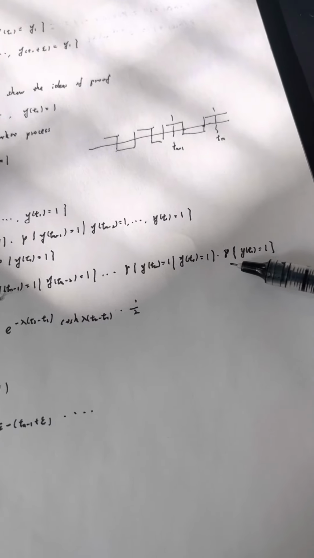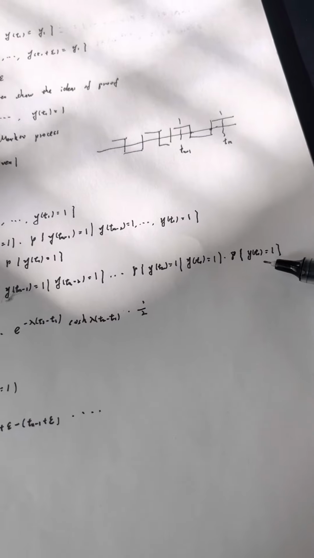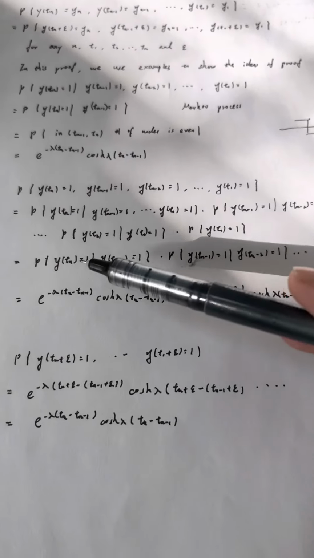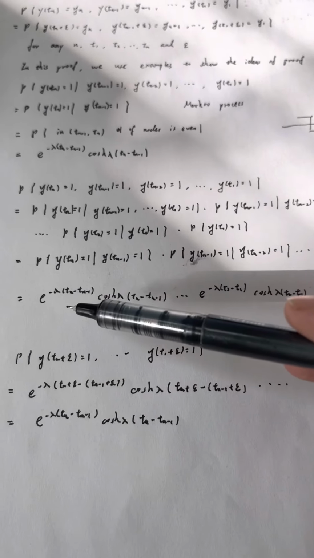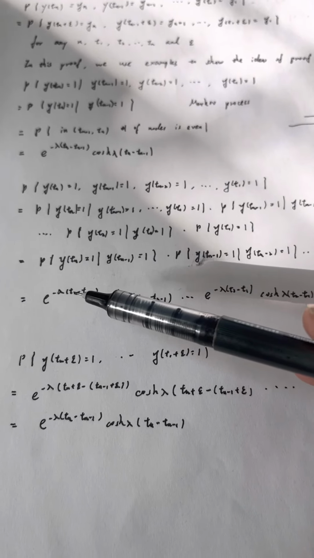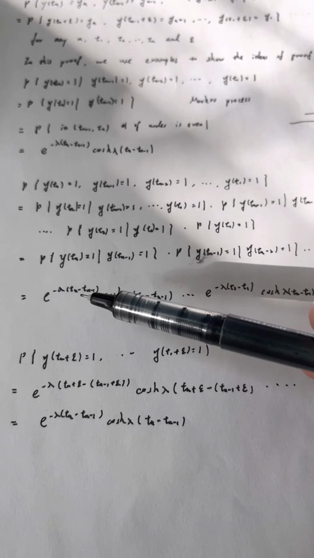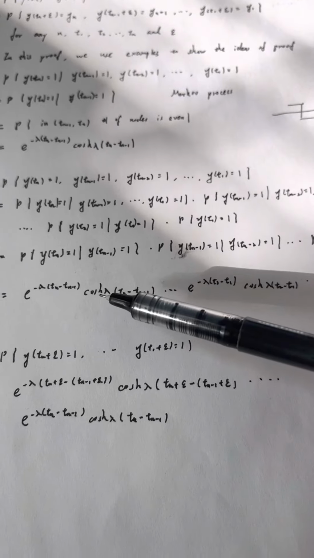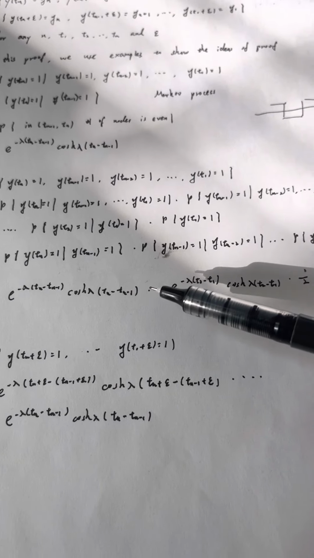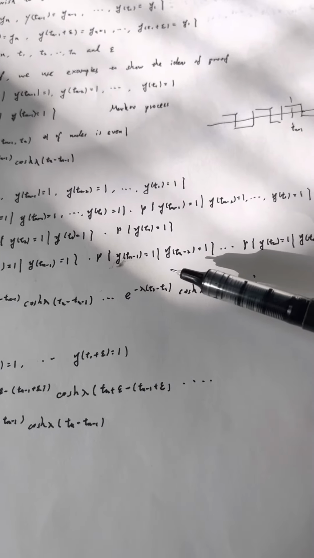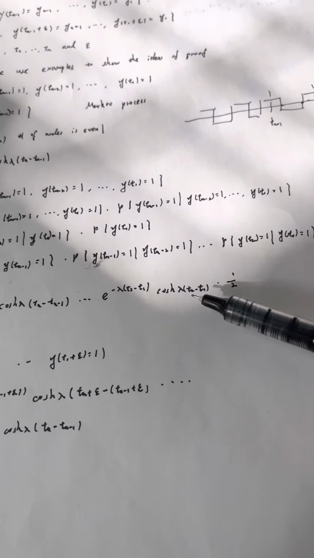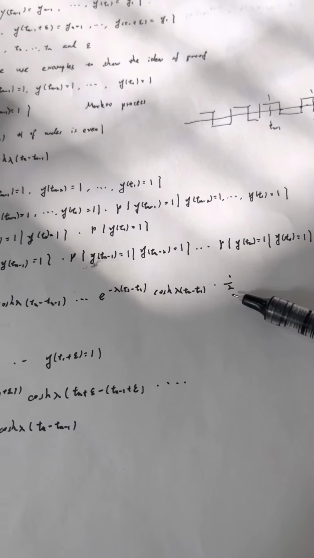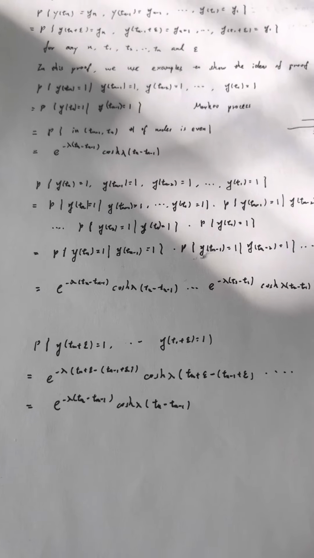Because it's a random telegraph signal, the probability of Y(t_1) = 1 equals 1/2. So we can substitute: e to the power of minus lambda times (t_n minus t_{n-1}) times cosh of lambda times (t_n minus t_{n-1}), each term goes the same, and the last is times 1/2.